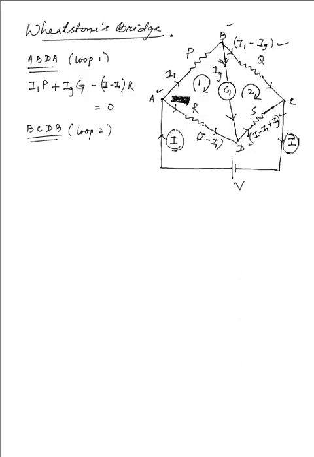From B towards C, the current is in our sense, so we have I1 minus Ig multiplied with Q in the positive way. Then the other current, from C towards D, is against our sense, so that has to be taken as negative: I minus I1 plus Ig, the whole multiplied with the corresponding resistance there, which is S.